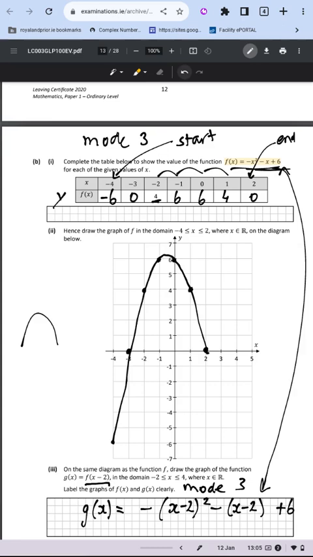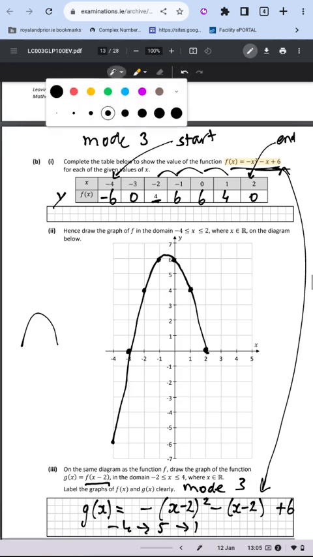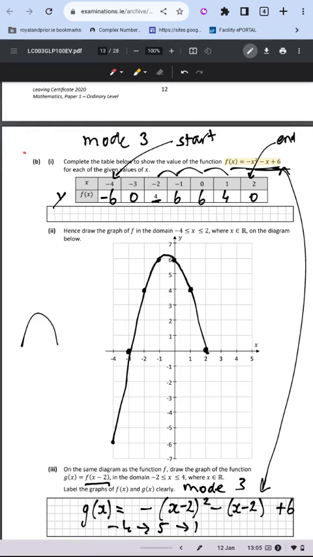Same thing, I would go start at minus 4, end at 5, steps of 1, press equals. And when you do that, you see it's just shifted across. You'll have a few points there that fall outside it. And the first one you can plot is minus 2, minus 6. Next point, minus 1, 0.